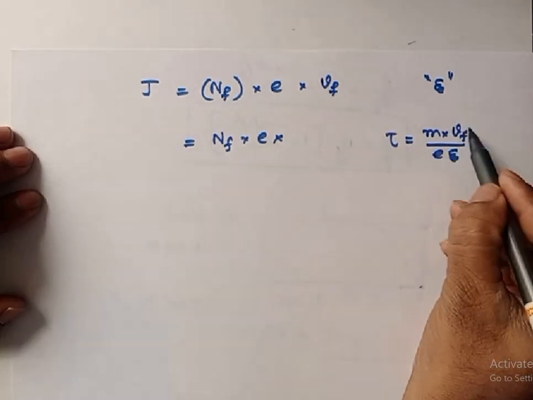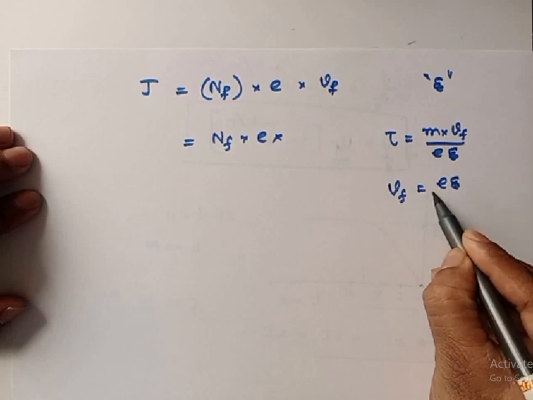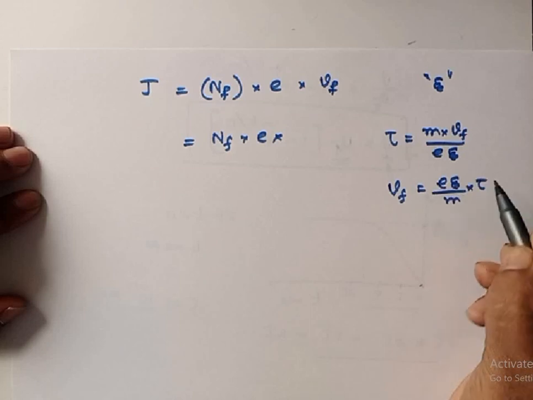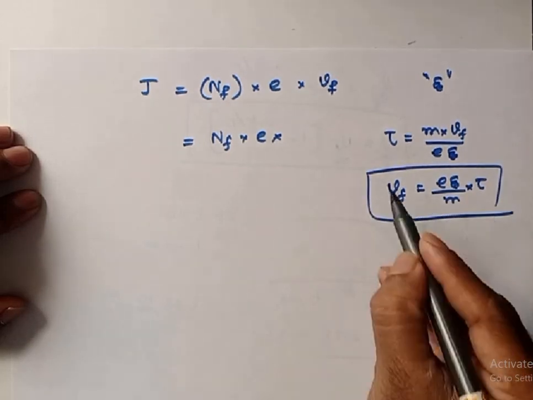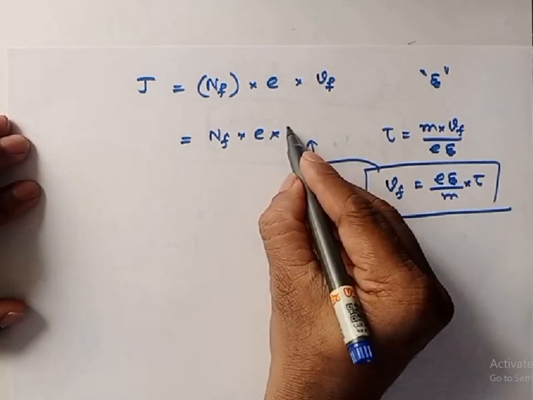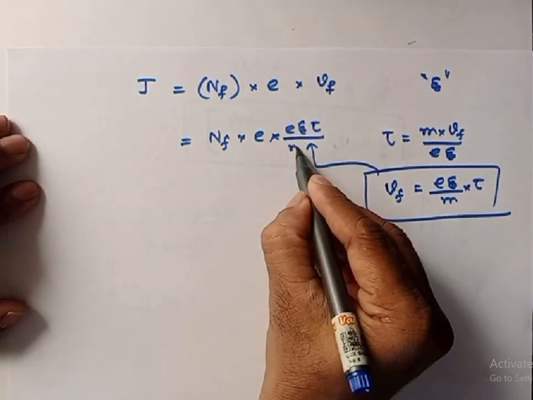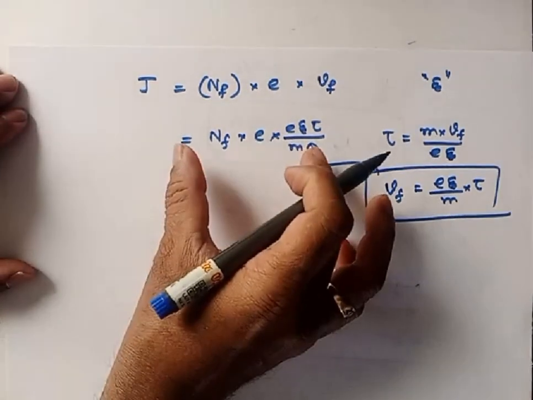From this, what is Vf? Vf equals e into epsilon by m into tau, correct? Substitute this value here in place of Vf. So we get J equal to N_f e squared epsilon tau by m. This is the expression for current density.